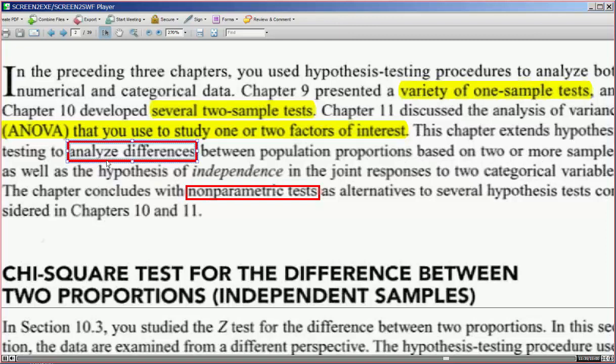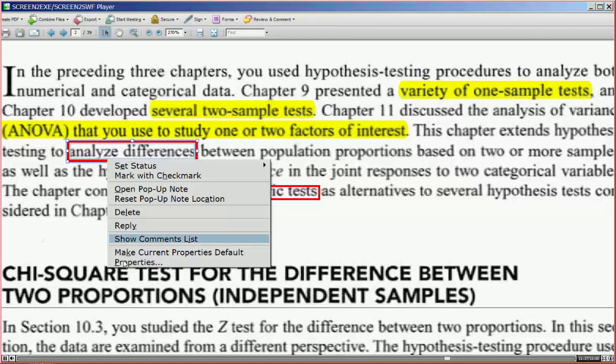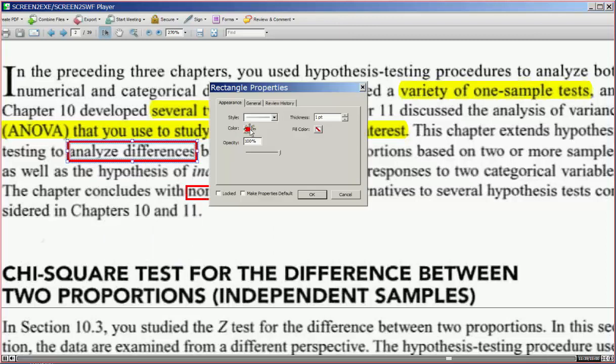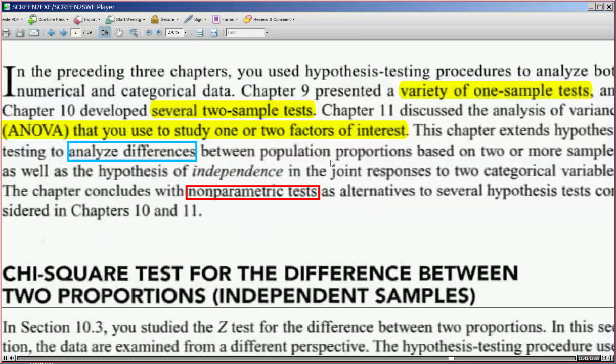Here's one, right? One task for this chapter.